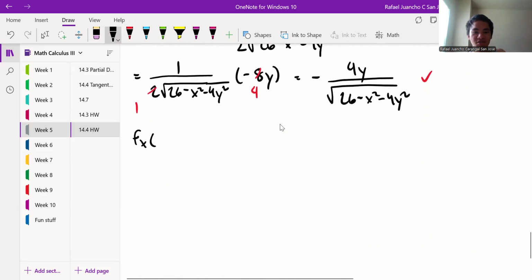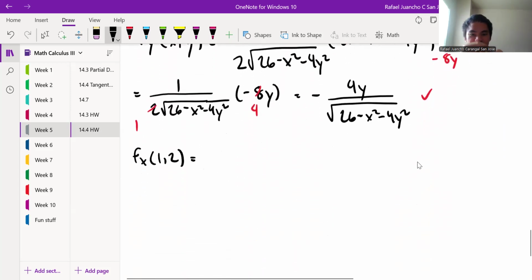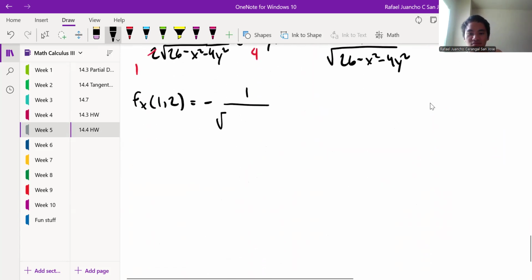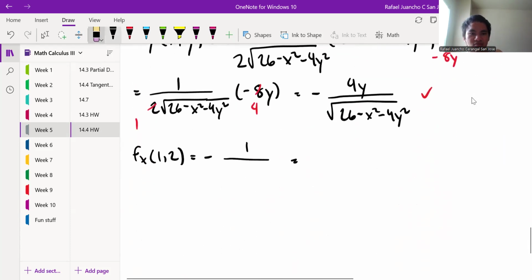So my f sub x at (1, 2). Well, I just plug in everything here. So negative 1 over square root of 26 minus 1 squared minus 4 times 2 squared. Oh, minus, my bad.